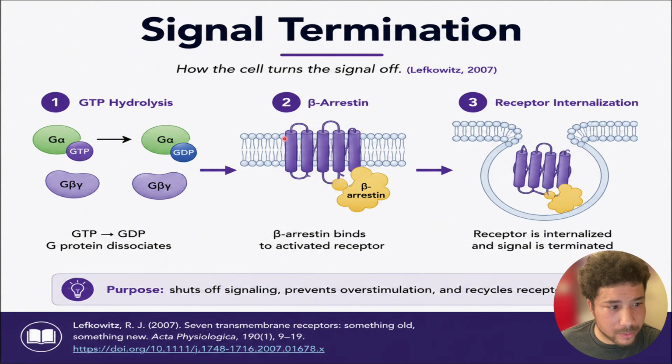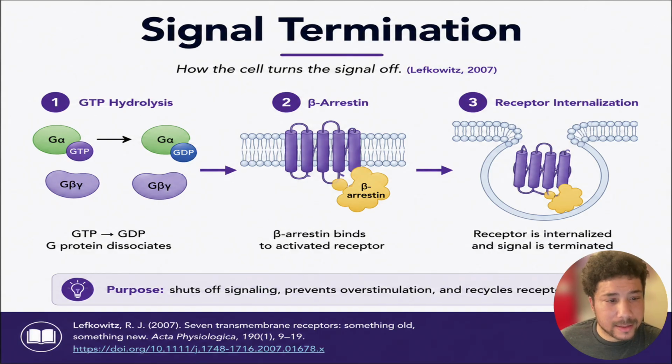The GDP-bound alpha subunit then reassociates with the beta-gamma complex, which we can see going on here. This reforms the inactive G protein and prepares it for another cycle of activation, where another ligand would then have to come in and reactivate the whole process.